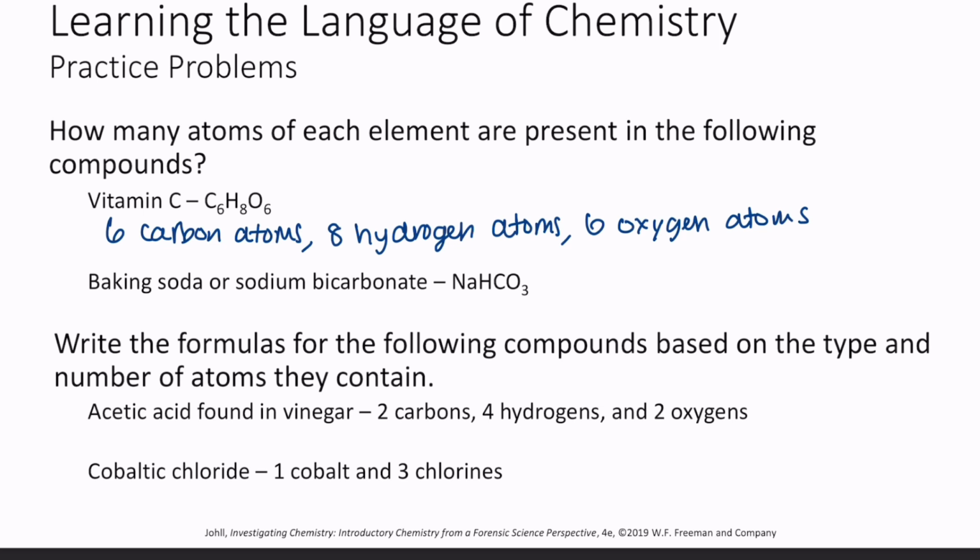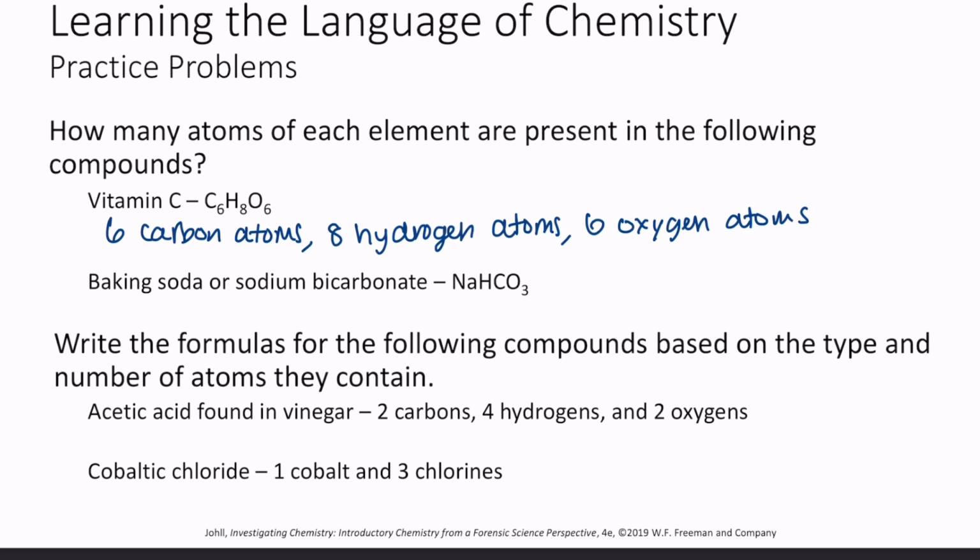And we get that based on this subscript right here. So I have carbon, and this subscript tells me that I have 6 carbon. I have H, which is hydrogen, and the subscript shows us that we have 8 of them.